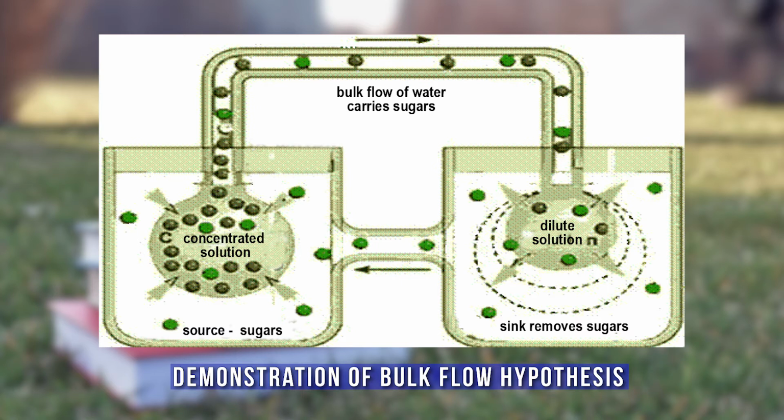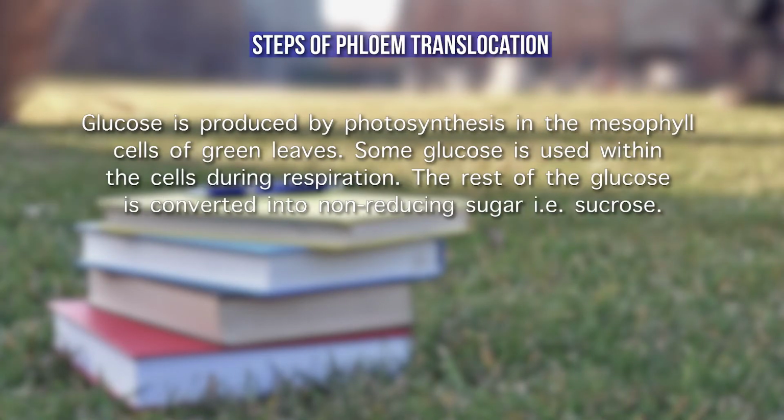From the concentrated solution there is gradually a bulk flow of water and sugar, and they get into the dilute solution, and in the same way the water is moving out and getting inside the first tumbler. So continually this movement of sugar and water takes place between the source and the sink. This particular theory is definitely explaining the steps of phloem translocation.